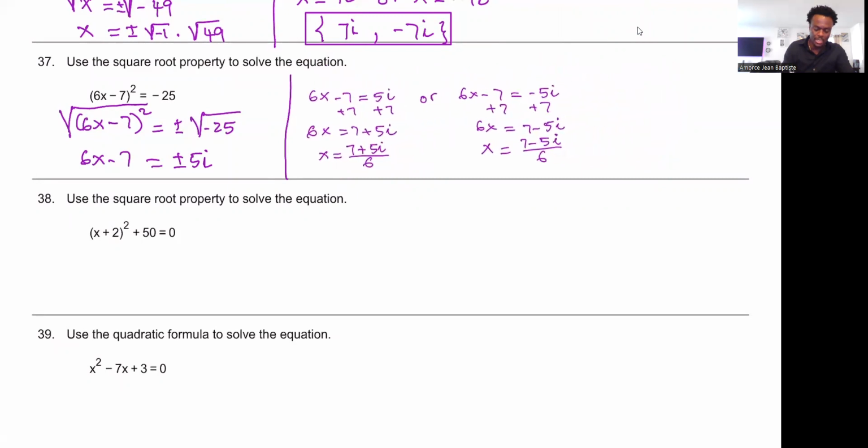My solution set is the two values: x equals (7 plus 5i) over 6, and (7 minus 5i) over 6.